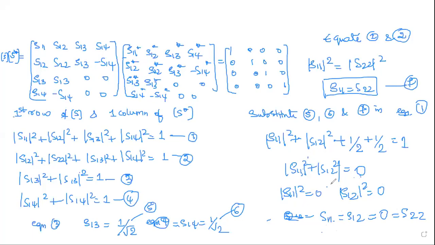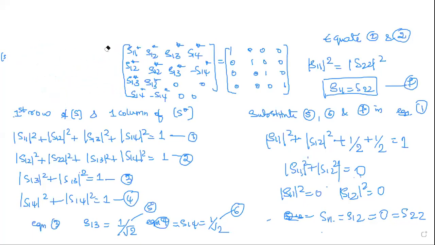If you substitute all the parameters into your S matrix, the S matrix of the magic T is: S11 is 0, S12 is 0, S13 is 1 by root 2, S14 is 1 by root 2; S21 is again 0, S22 is 0, S23 is 1 by root 2, S24 is minus 1 by root 2.